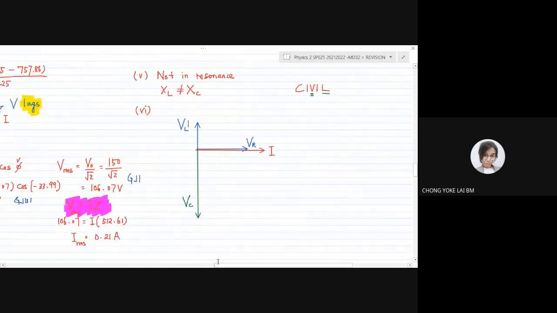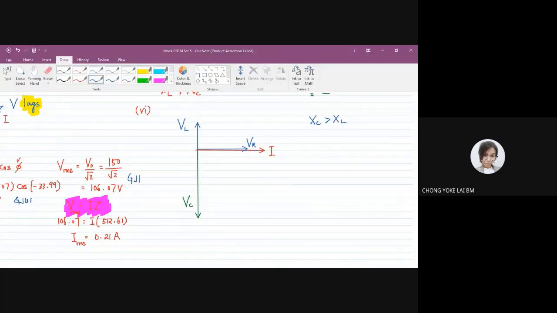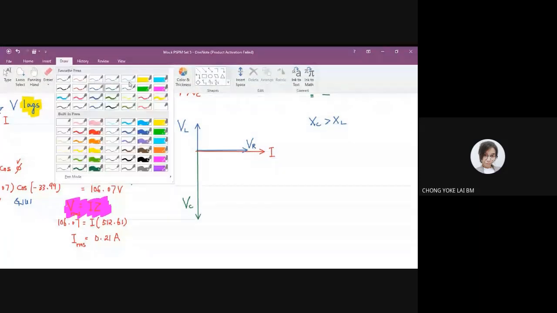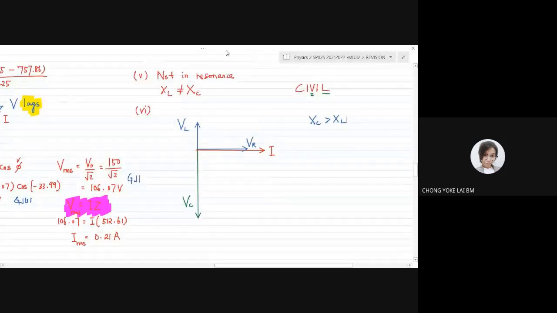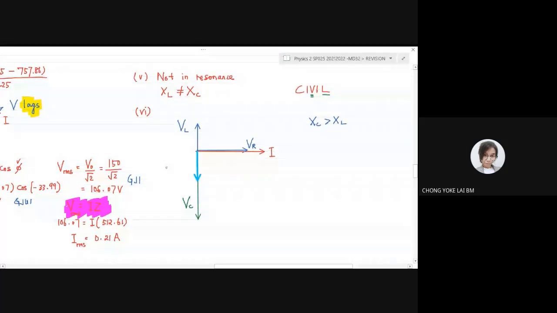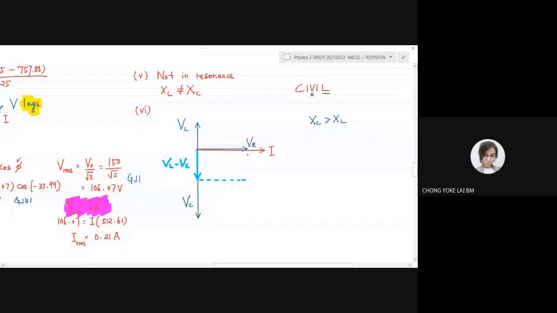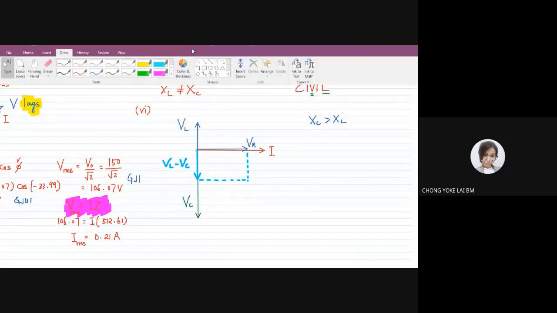So jangan simply lukis saja. Kena lukis mengikut soalan. How we combine dia? So kita kena cari dulu hasil tolak VL dengan VC. So hasil tolakkan dia mesti dekat bawah, sebab nilai VC lebih besar kan. So we have VL minus VC. And then only we combine with VR. Gabung dengan VR.